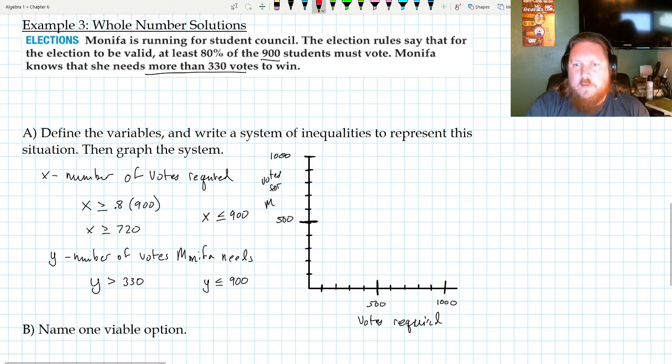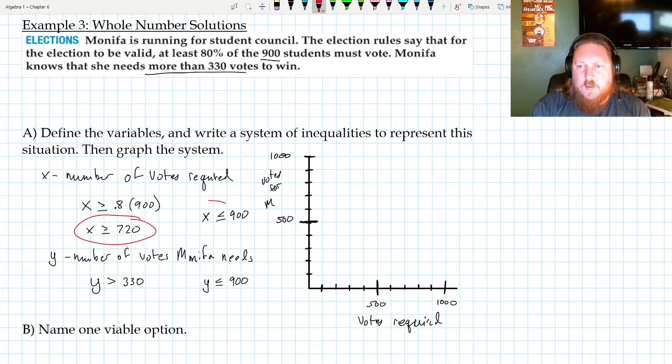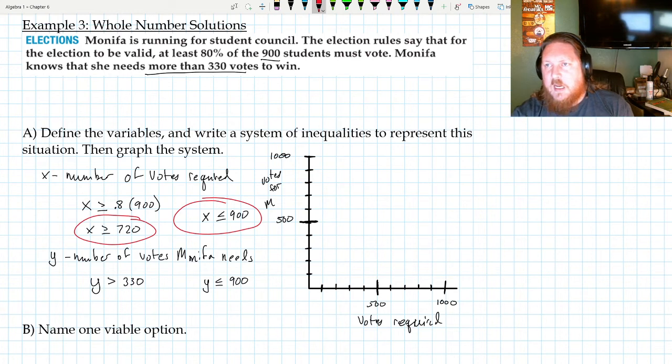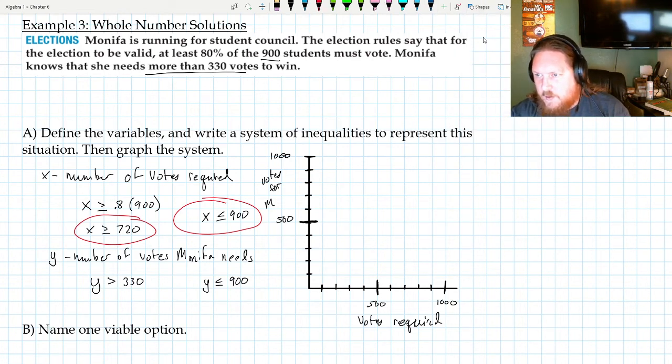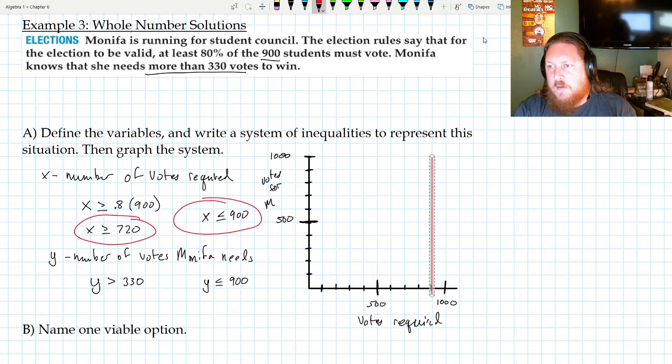All right. Let's graph these two inequalities with red. There can't be more than 900 votes. So at 900, I'm going to draw a nice vertical line there. There can't be more votes than that, so it has to be to the left.